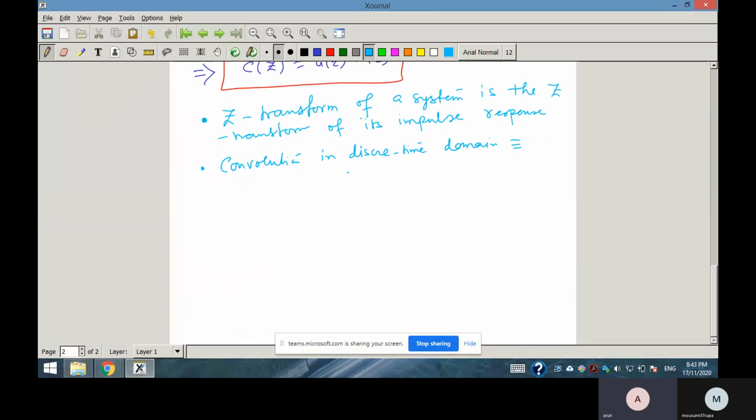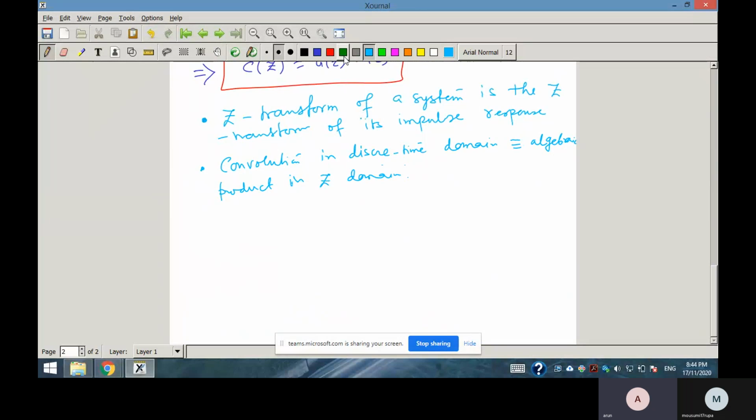So convolution in continuous time domain is equivalent to algebraic product in S domain. Now convolution in discrete time domain is equivalent to algebraic product in Z domain. Okay, so these are the important conclusions.